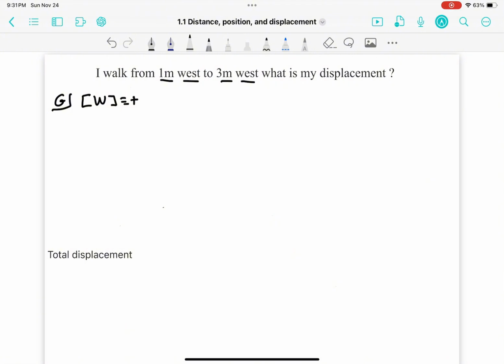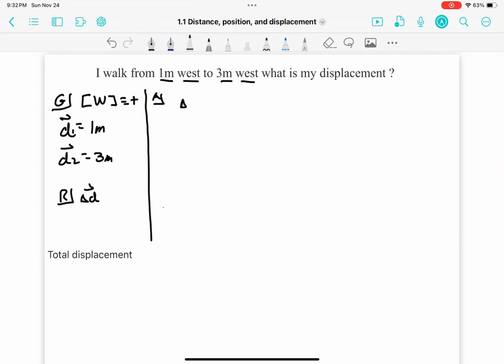And you'll notice that I walk from is actually a position. So we can go D1 vector is equal to 1 meter, sorry, and then D2 vector is equal to 3 meters. And now what we're required to find is our displacement, our delta D. And for this, we can just go to analysis.